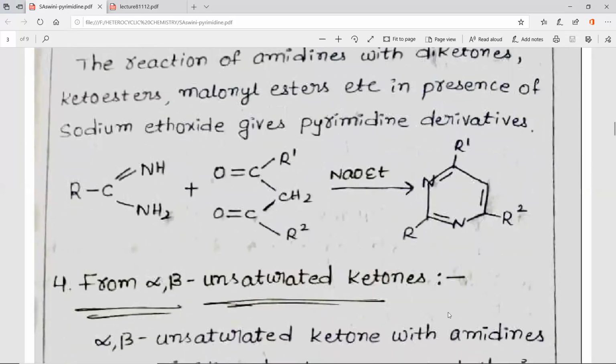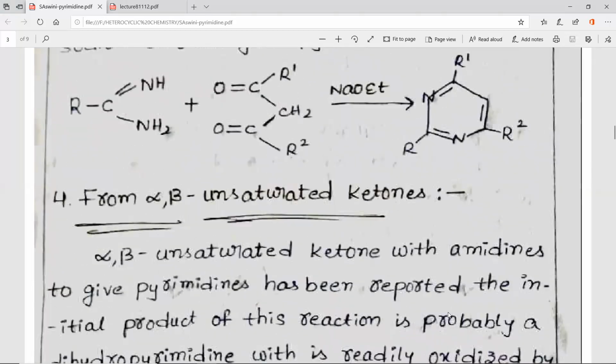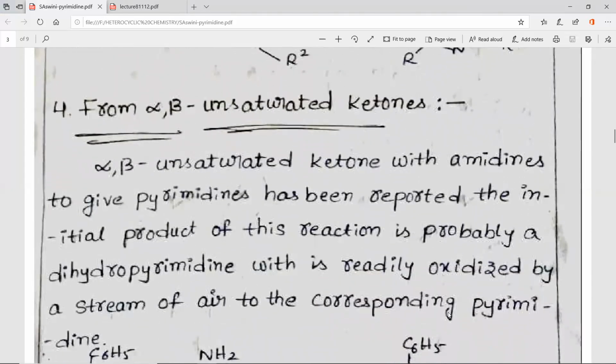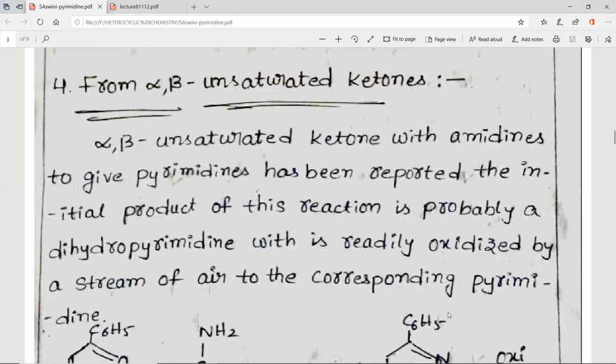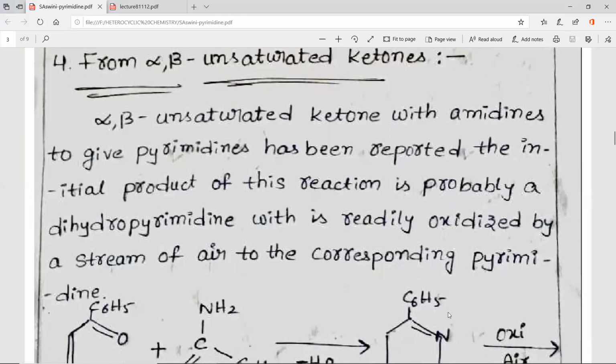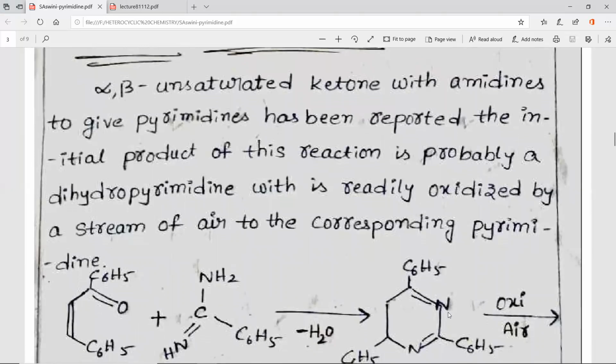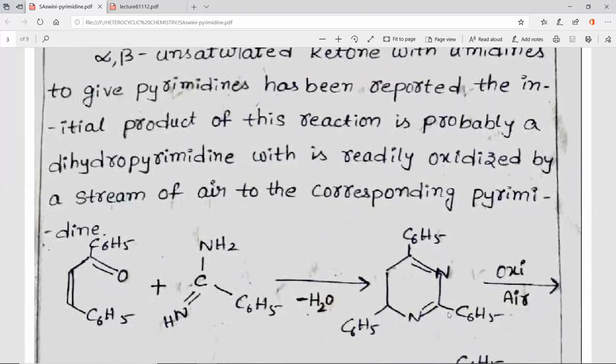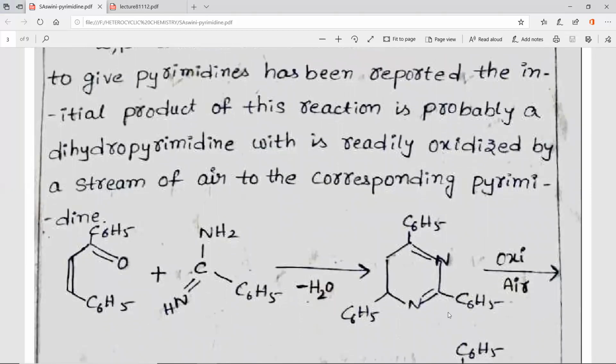Next, from alpha beta unsaturated ketones. So alpha beta unsaturated ketones react with amidines to give pyrimidines. This is an alpha beta unsaturated ketone reacting with amidine.